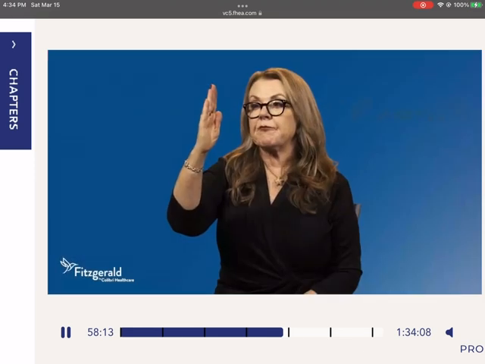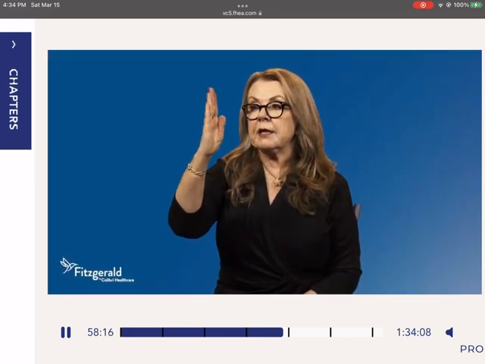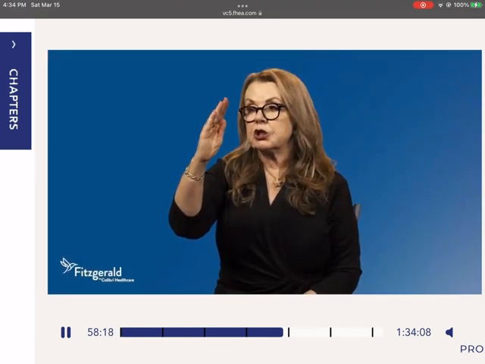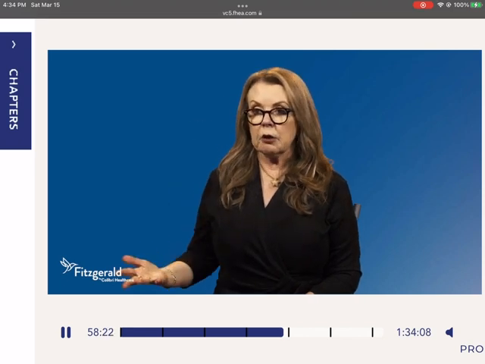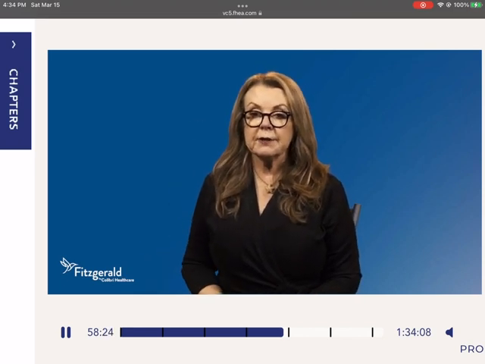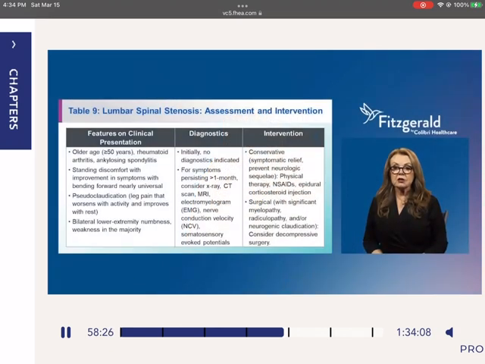When I say bend forward, I don't mean this, but I mean when the person is standing, just going forward a little bit like that can really help improve symptomatology. Pseudoclaudication, which is leg pain that worsens with activity and improves with rest, is commonly found, and bilateral lower extremity numbness and weakness in the majority.